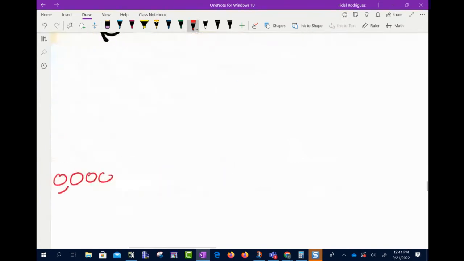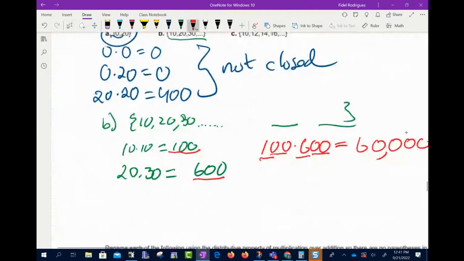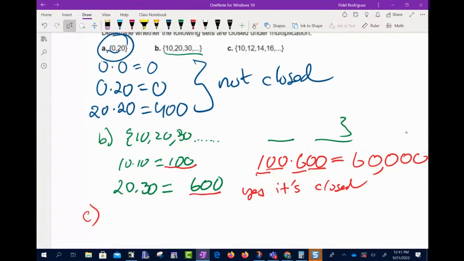I might have to go really, really far, but wouldn't it be in that set as well? So now what we can say is, yes, it's closed, because for every different pair we come up with, it's still going to be in there.